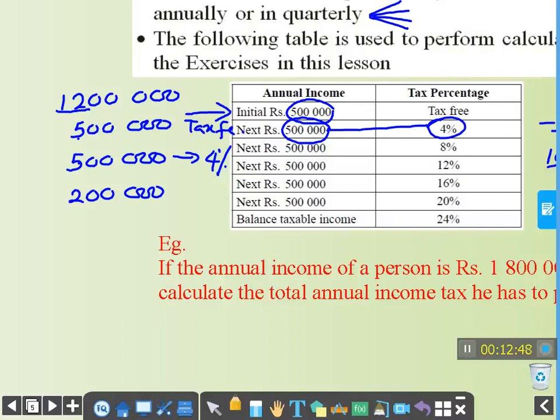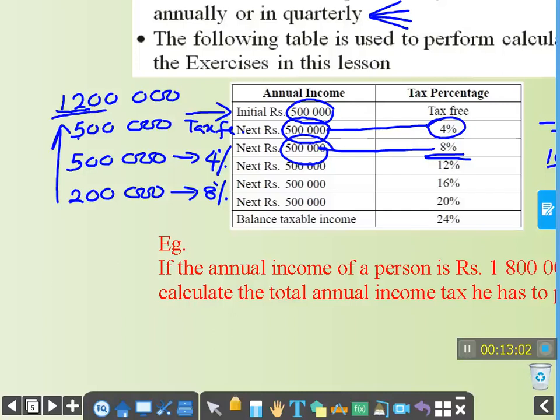For that additional 200,000, you are in the next step, which is 8%. Your income at that stage is only 200,000, so for that you have to pay 8%.